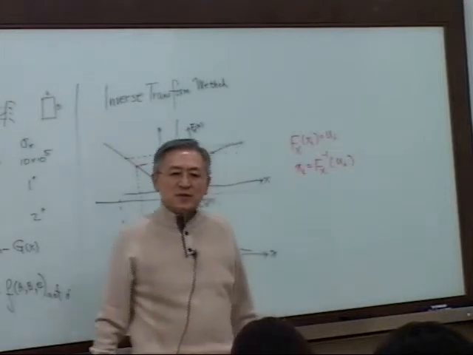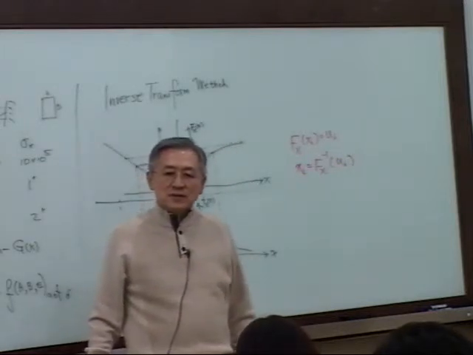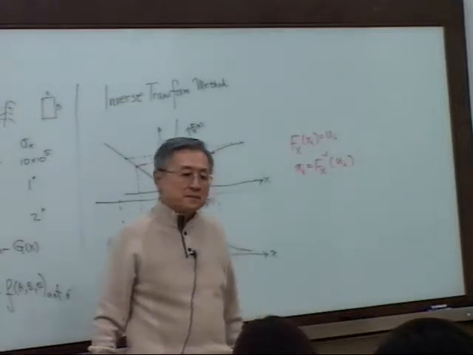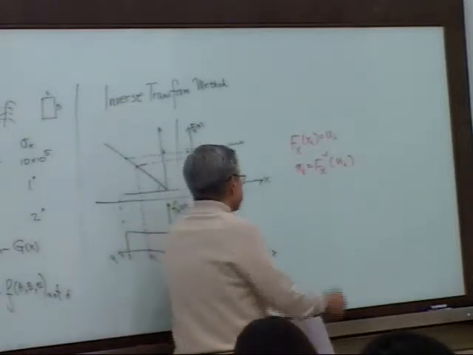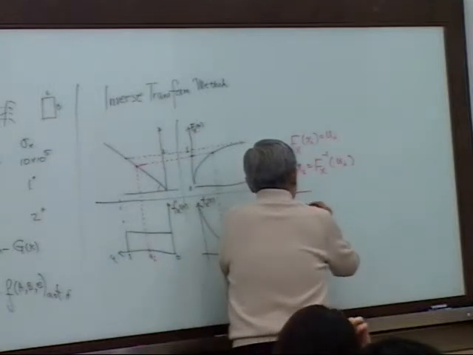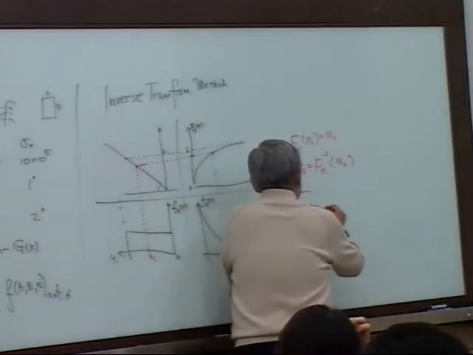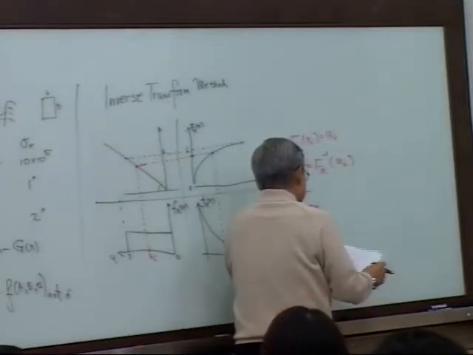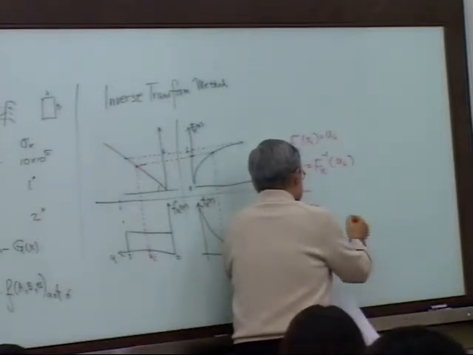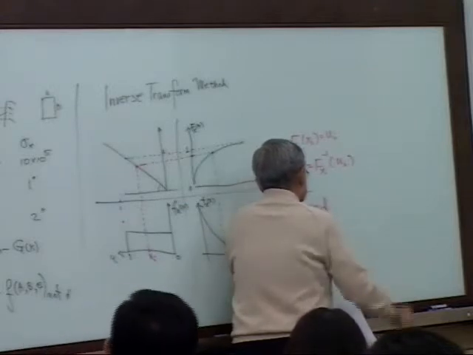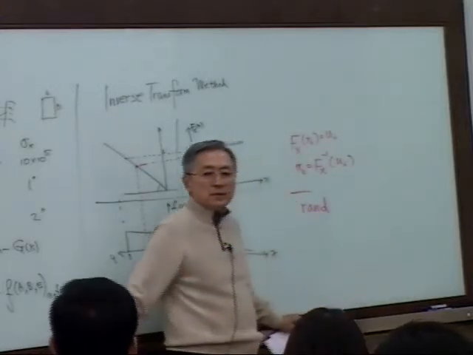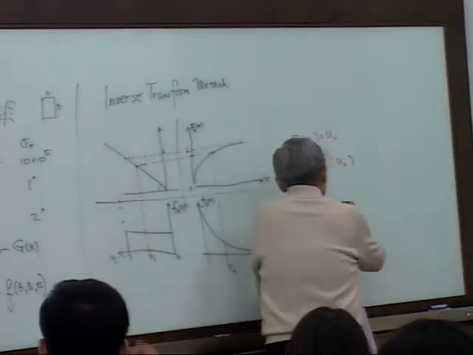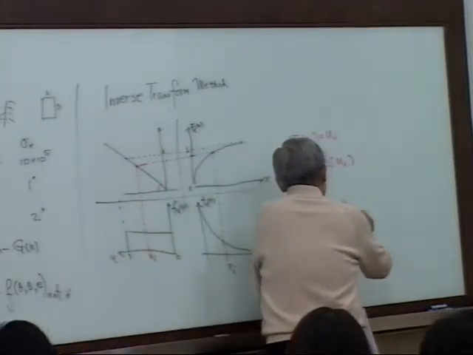That's why it's called the inverse transformation. In MATLAB, if you go into rand, I think, the rand variable or function is a function, and it's open parenthesis.